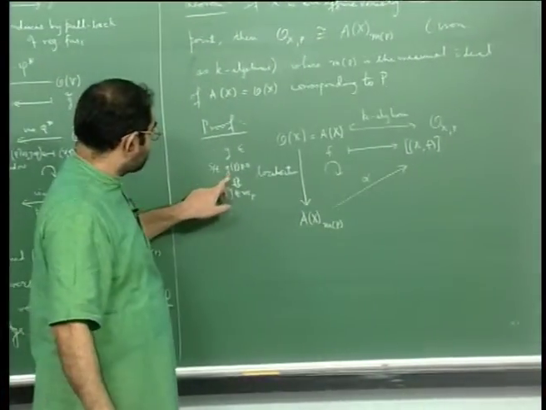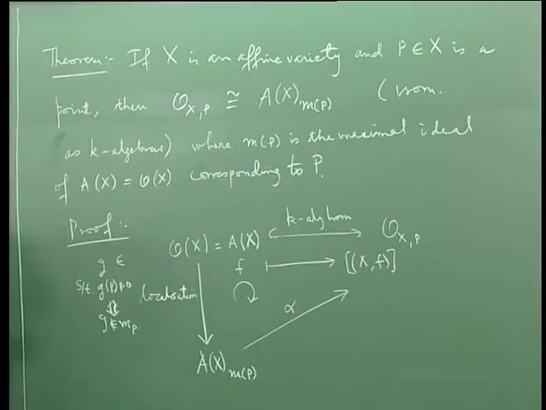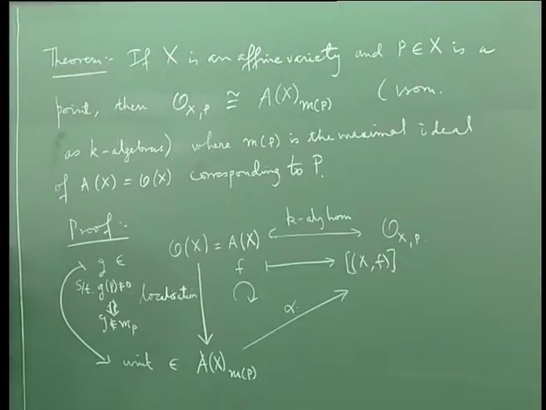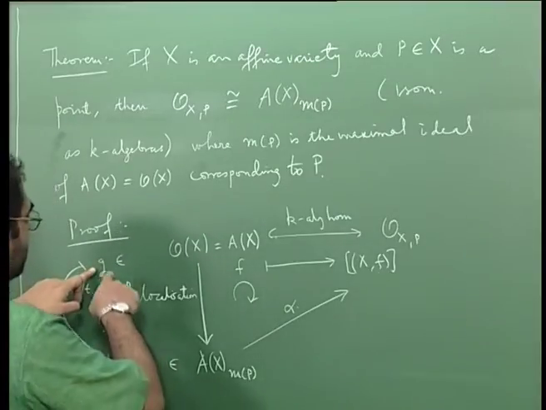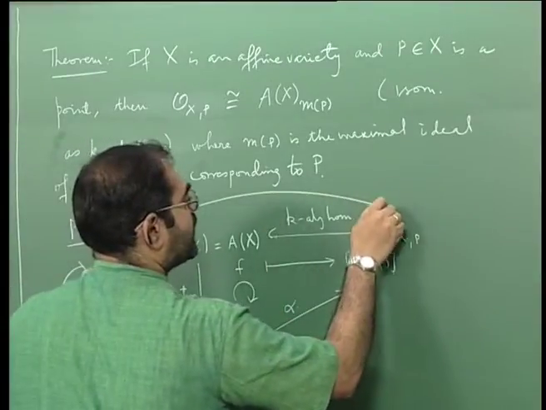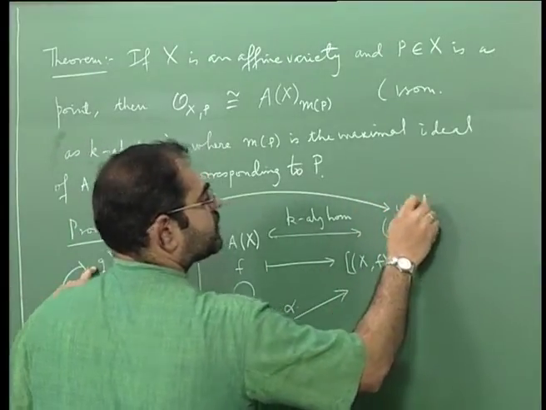So G under this localization map goes to a unit, and G will also go to a unit in OXP, the image of G in Ox.